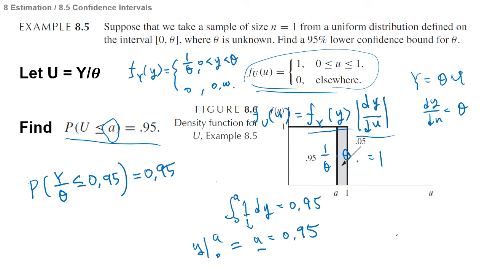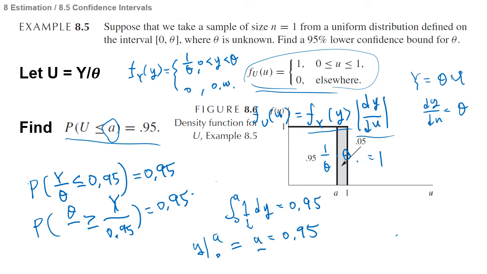So the probability of theta over y greater than or equal to 1 over 0.95 is 0.95. Let's multiply y to each side.